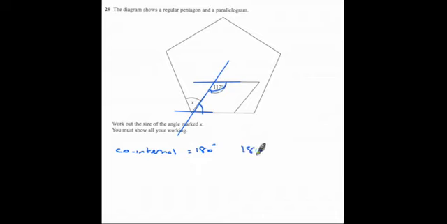Therefore 180 minus 117 means that the angle here, and I'm going to call it Y for a moment, must equal 63 degrees. So we know that Y equals 63 degrees.